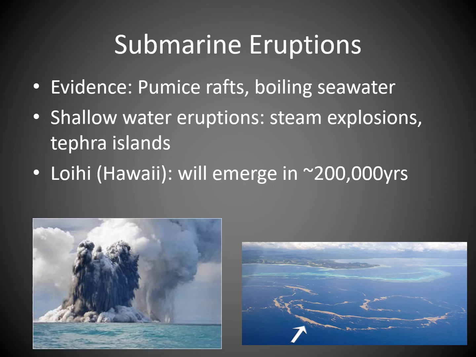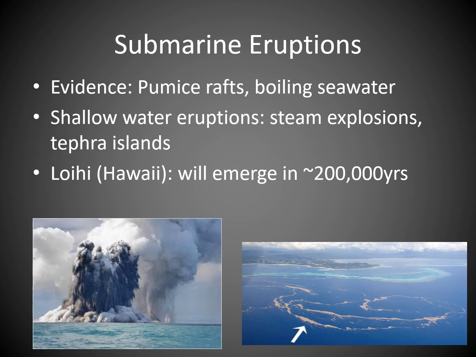Probably the one that takes the most attention here in the US is a small, soon-to-be island off the east coast of the big island of Hawaii. There's an island growing out there. It's within a few thousand feet of the ocean surface. It has frequent eruptions, although not very well studied.